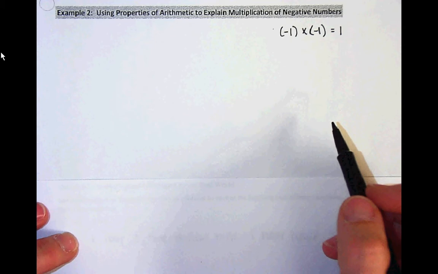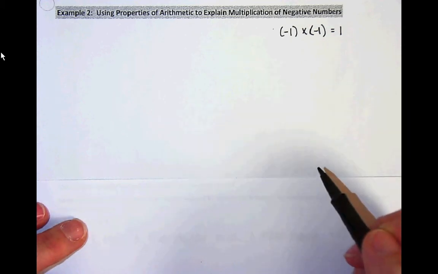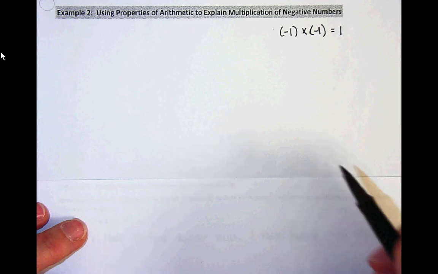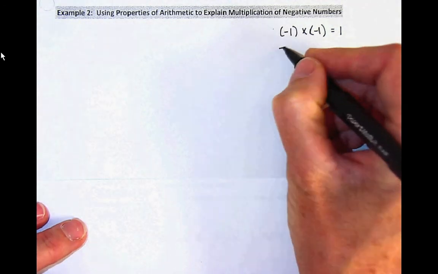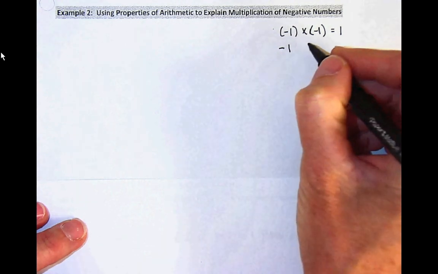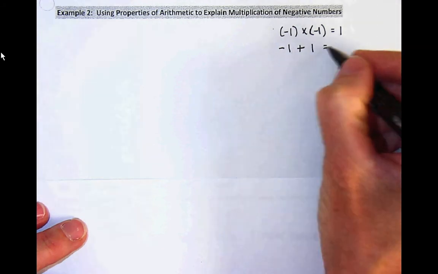All right, my second question is, why are 1 and negative 1 called additive inverses? What property represents the additive inverse? Well, the answer is that negative 1 plus 1 is equal to 0.